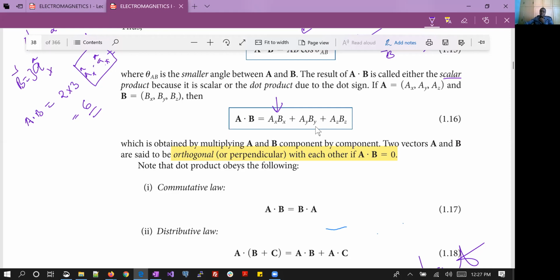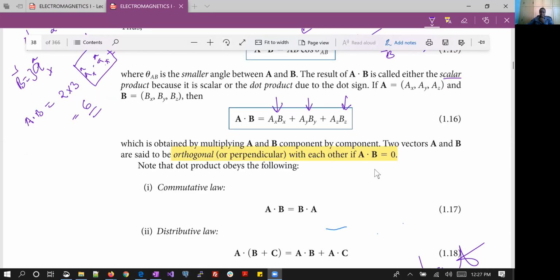Therefore, you are only left with scalars, and you add scalars directly. So we want to find out if the dot product follows the commutative law and the other rules I mentioned.